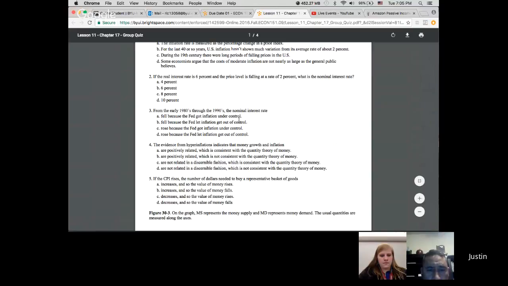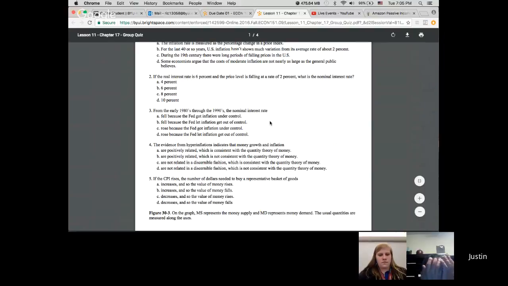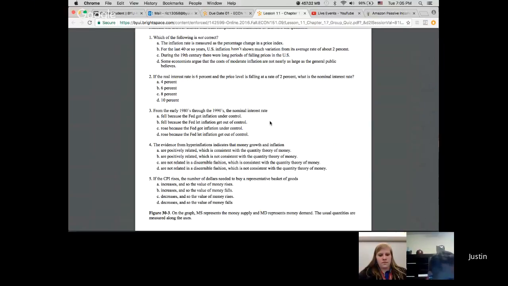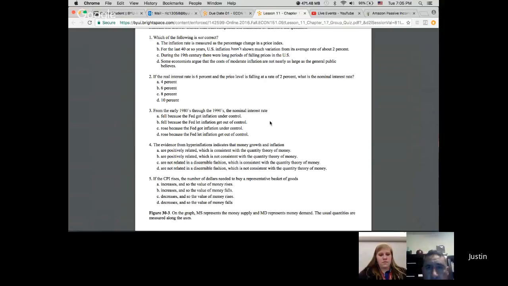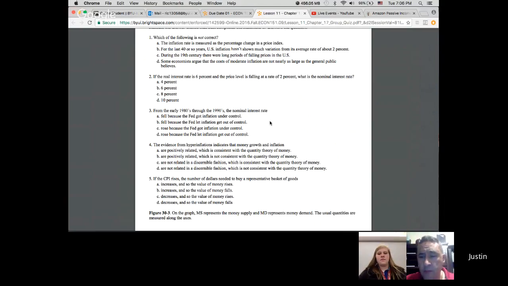If I follow the same logic, because I couldn't find it anywhere in the book. I remember reading it, but it might have been in the PowerPoint. Well, no, because I remember reading it. I don't know, but basically, they did get it under control, and the nominal interest rate at the end of the 80s was already really high.